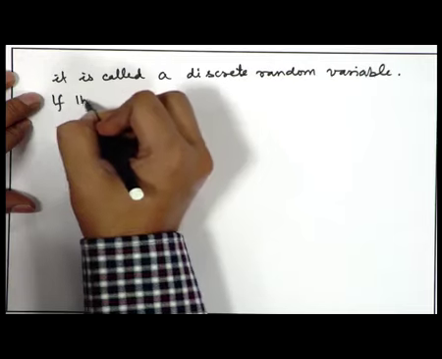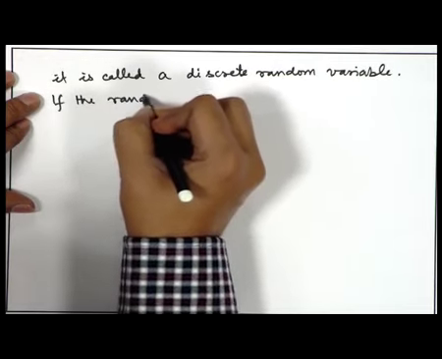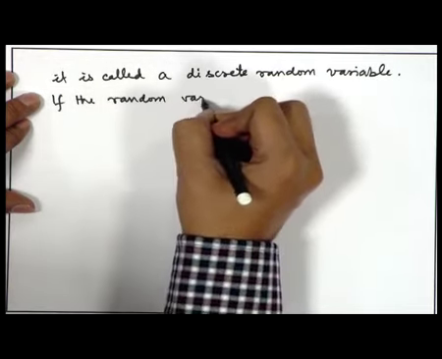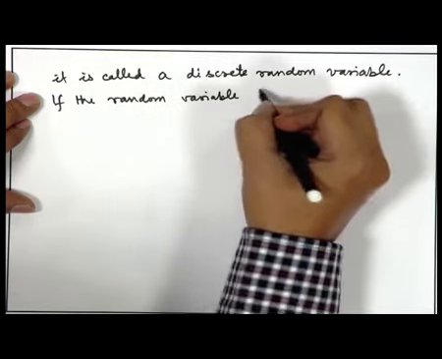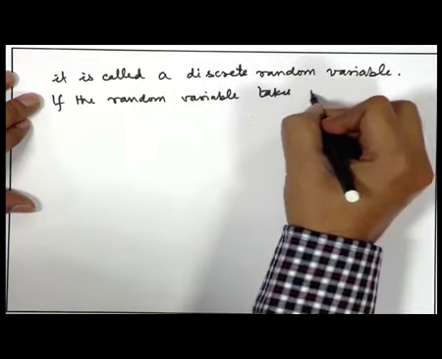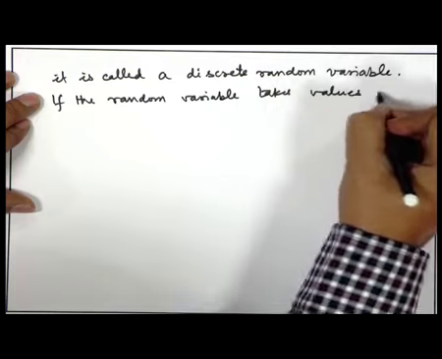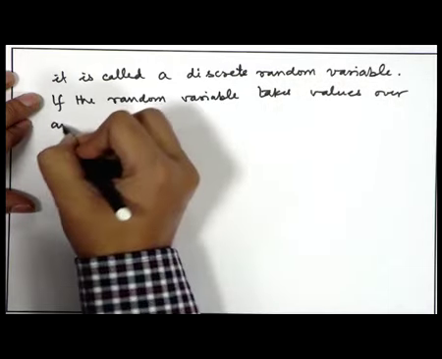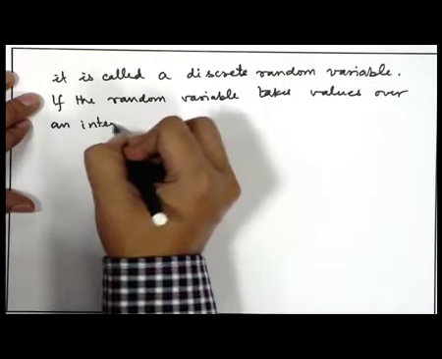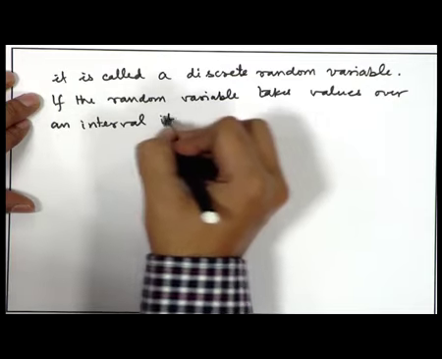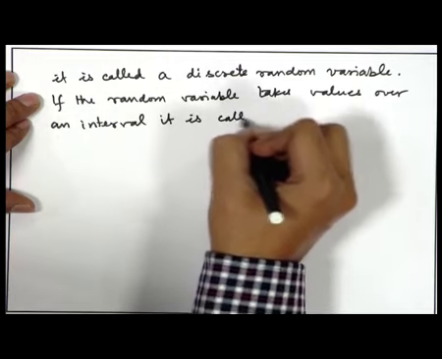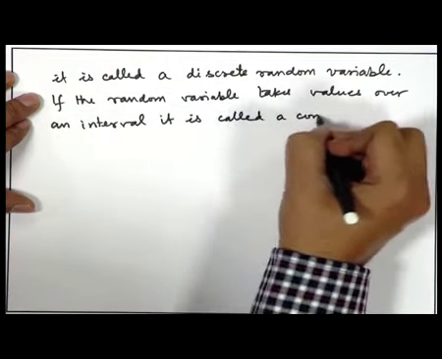If the random variable takes values over an interval, it is called a continuous random variable.